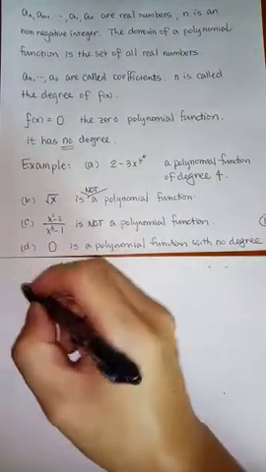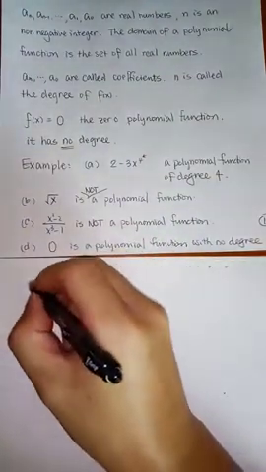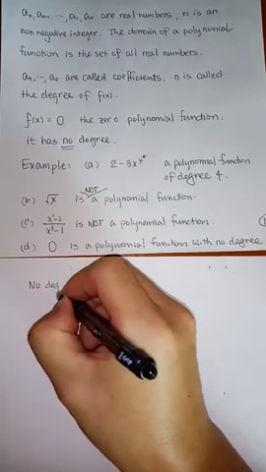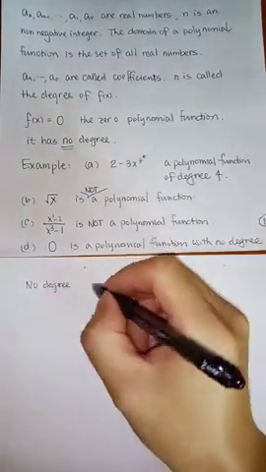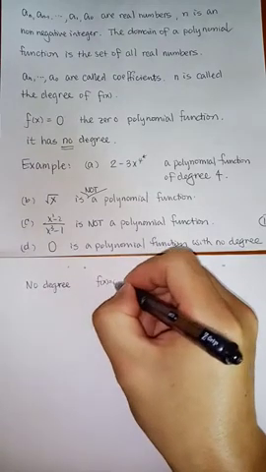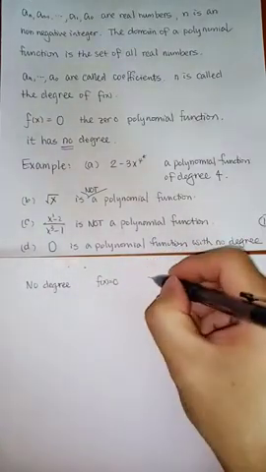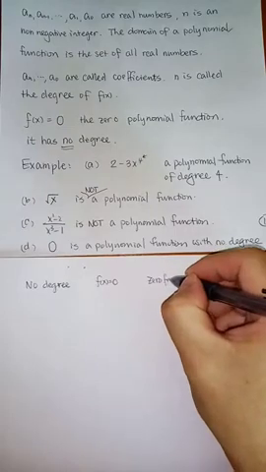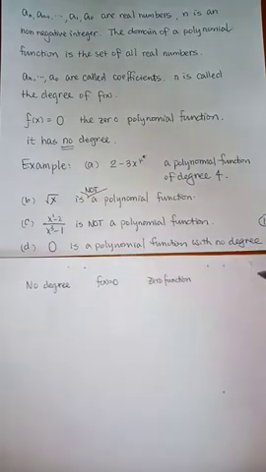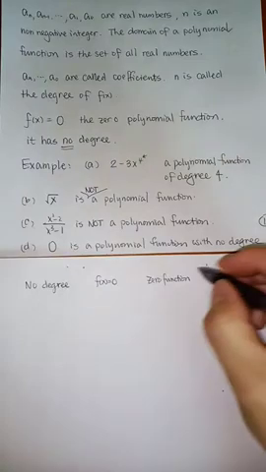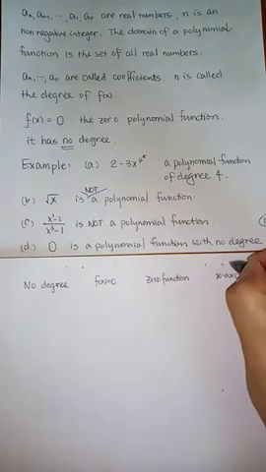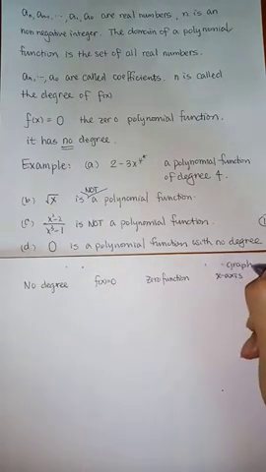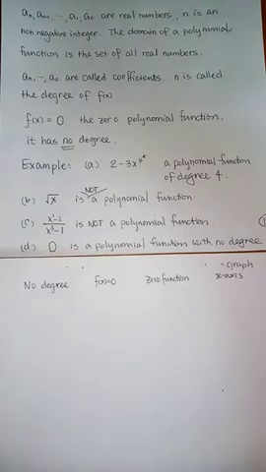First, no degree corresponds to only the zero polynomial, and the graph is the x-axis.